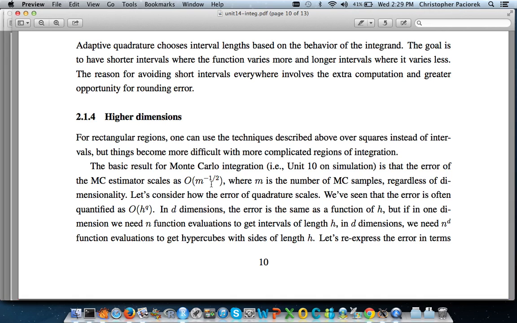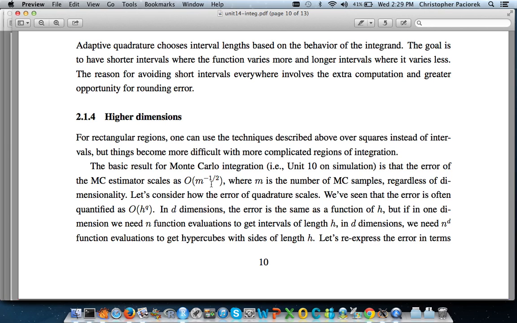That's one way of thinking about it: if we wanted to get the same error, how many more function evaluations would we have to do as dimensionality grows? The other way of thinking about it is, suppose we have a fixed budget. Suppose we know how long it takes to evaluate a function, and we're only patient enough to do n evaluations.